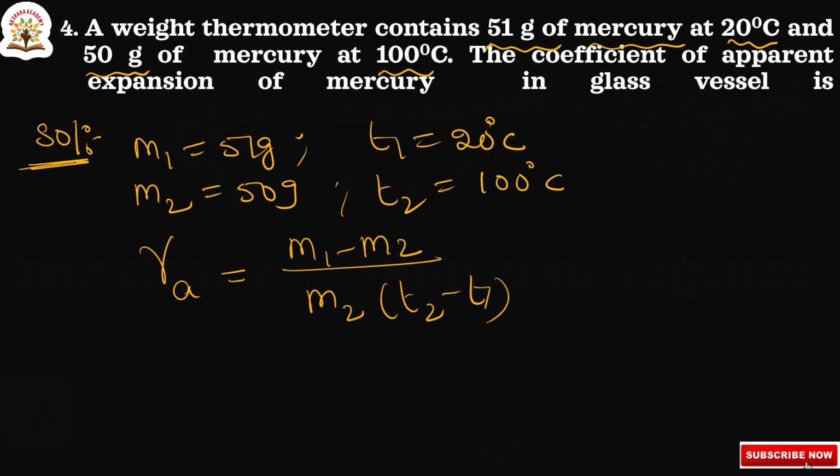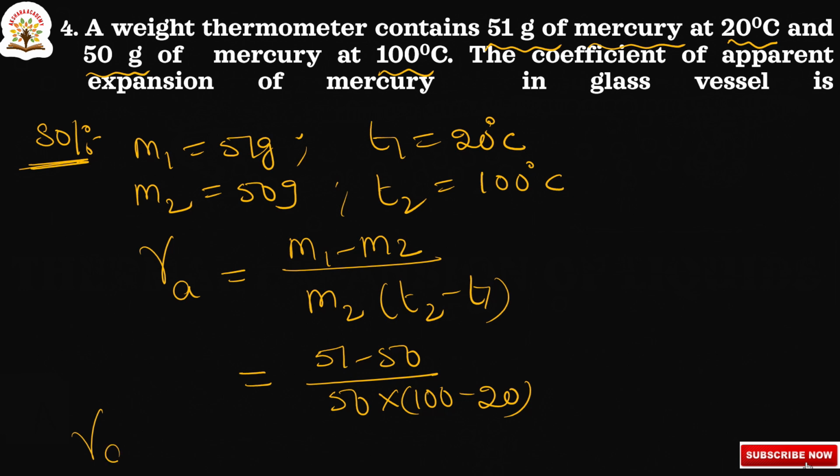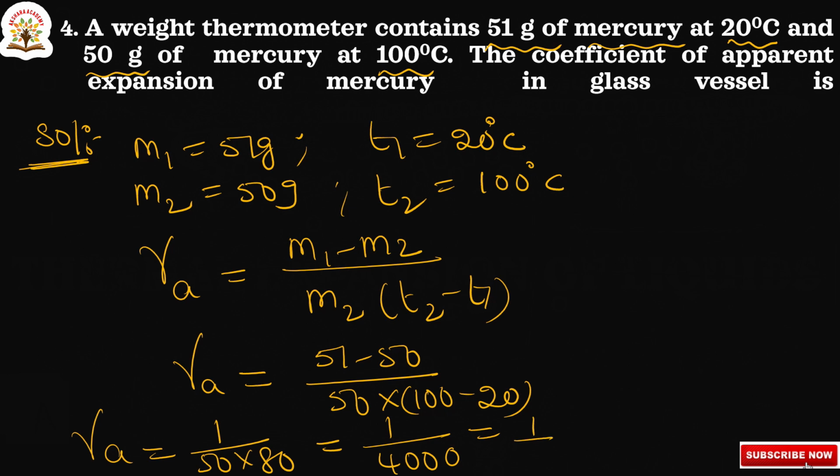So that is equal to, here substituting the values, 51 minus 50 by 50 into 100 minus 20, T2 minus T1. So gamma A is equal to 51 minus 50, 1 by 50 into 100 minus 20, 80. So it becomes 1 by 8 5s are 40, 1 by 4000, that is equal to 1 by 4 into 10 to the power of minus 3.